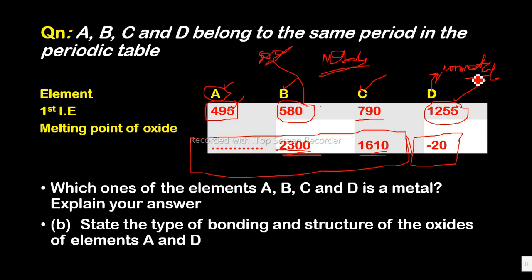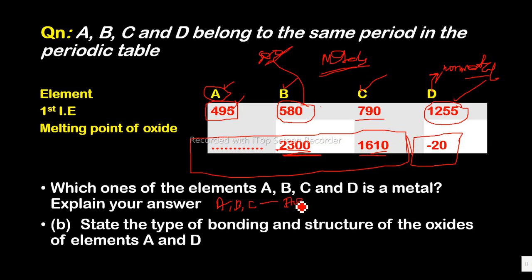Element A is a metal because it has the lower first ionization energy and a high melting point. That's good. And then B and C are also metals. So here your answer was A, B, and C. They are metals.